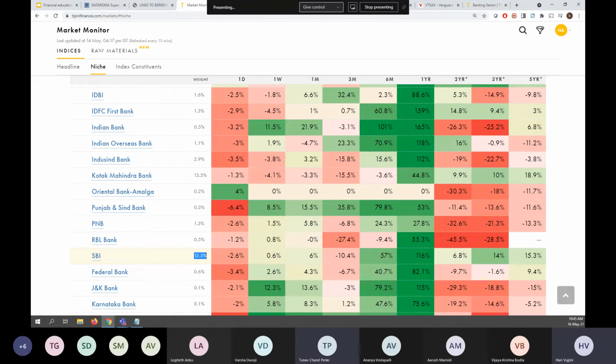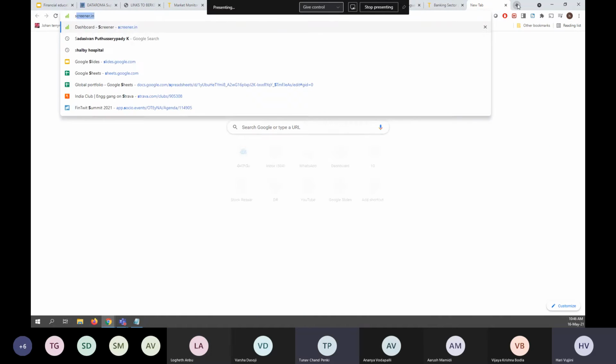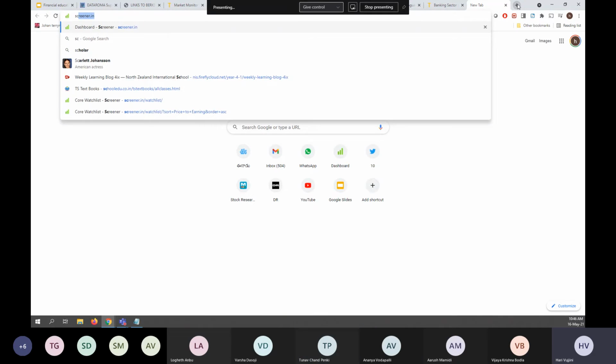Could you say it again? Why do people want to buy HDFC Bank? Because it has a higher market cap. No, why would you invest in a company? Because you're expecting more profit from the company, right?